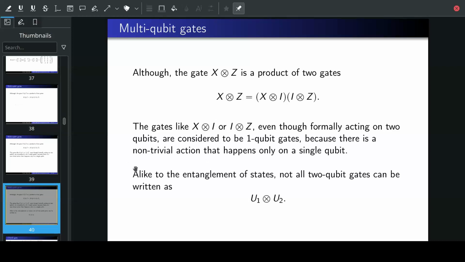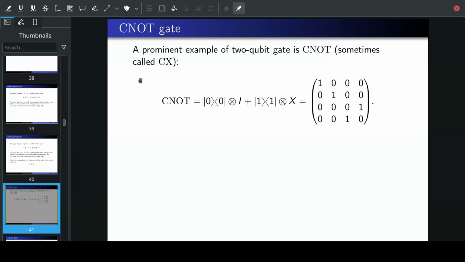And similarly to the notion of entanglement of states, not all 2-qubit gates can be written in this form. There are gates that cannot be represented as tensor products of just single-qubit gates. A prominent example of such a 2-qubit gate is the CNOT, controlled NOT gate, sometimes also called the CX gate.